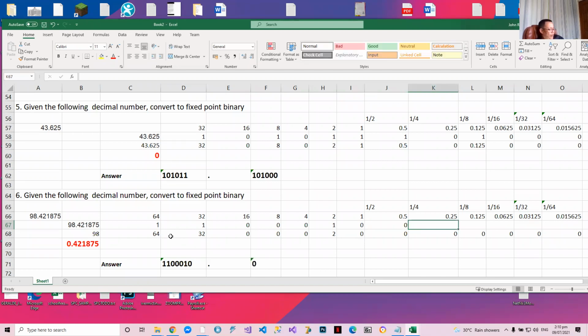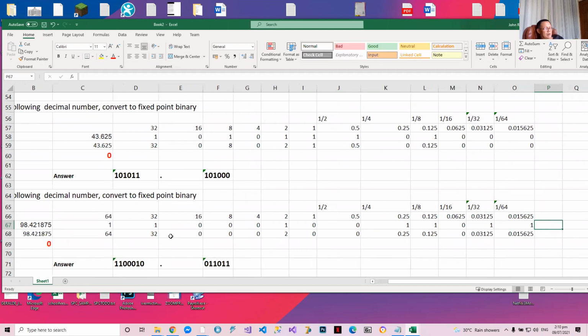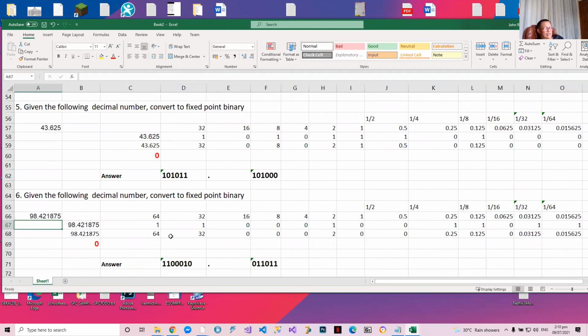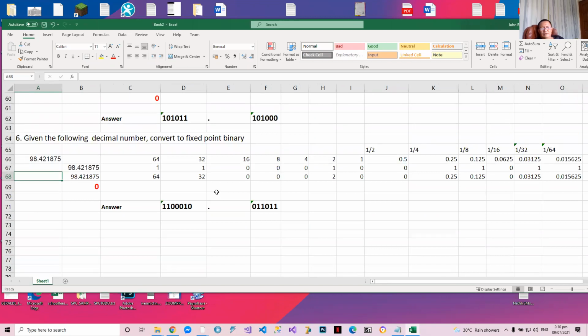Okay. 0.25 is marked. 0.125 is marked. This is not marked. Okay. This is marked. Okay. And finally this is marked. So we now have a 0. Also, we reach the final point, which is 6 decimal place or 6 binary place. Do you follow?